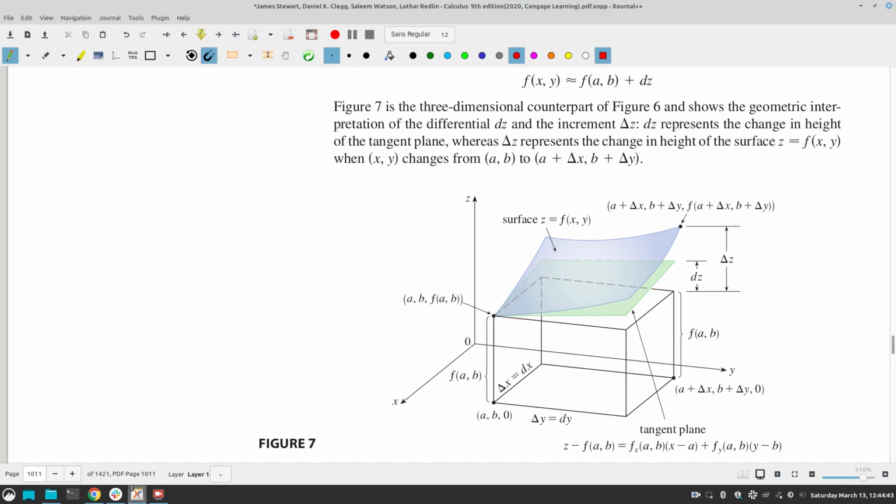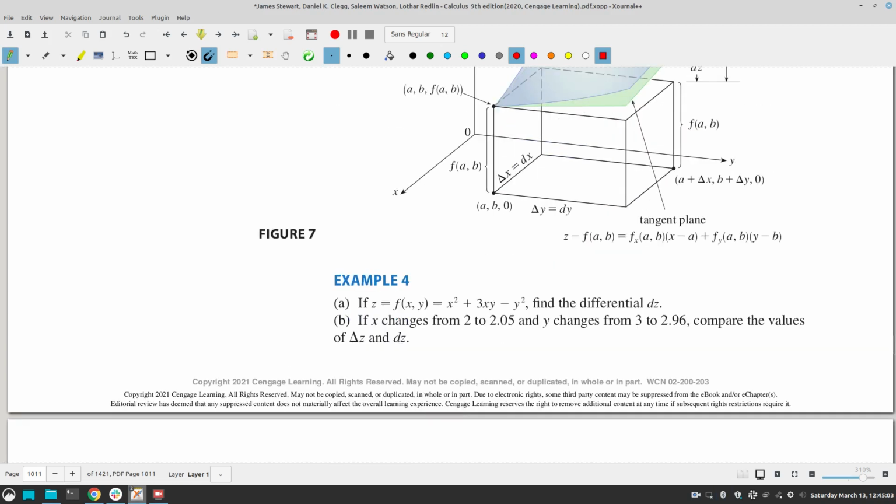So dz is basically how the tangent plane changes when you go from a, b to a plus delta x, b plus delta y.